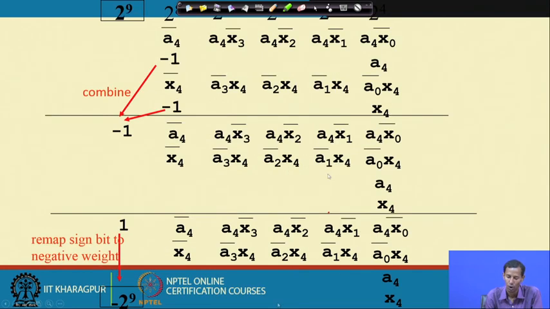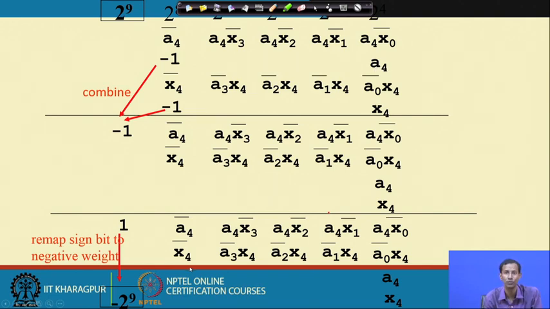At the 2 to the power 8 position, that is minus A4 minus 1, this is for when A4 is common. So, minus A4 minus 1, A4 x3 bar, A4 x2 bar, A4 x1 bar and A4 x0 bar along with A4 at this particular position.